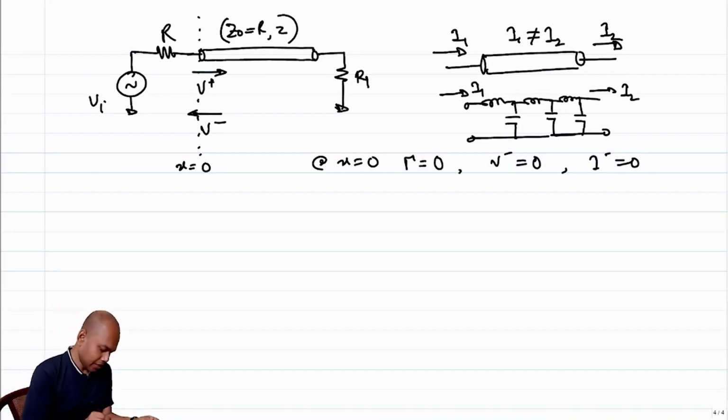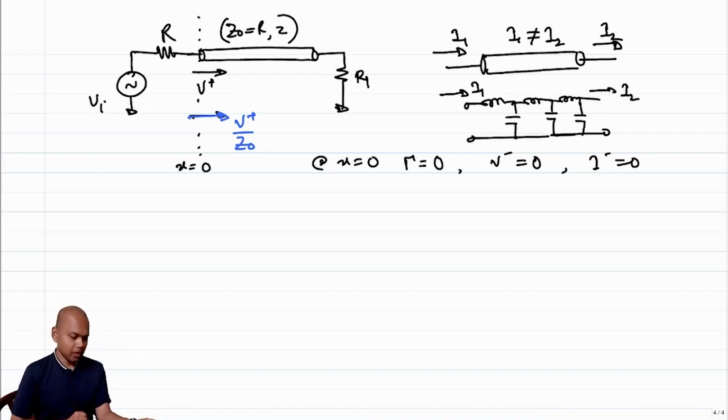So I can basically get rid of this, and I know that the current I plus is nothing but V plus over Z0, correct? So what is the total voltage? Let me call this V1.